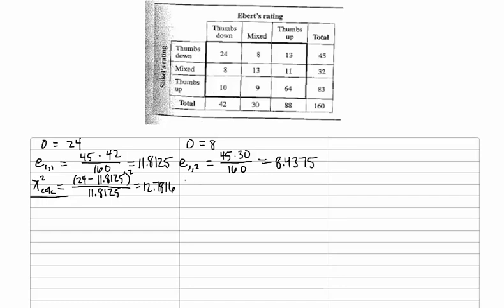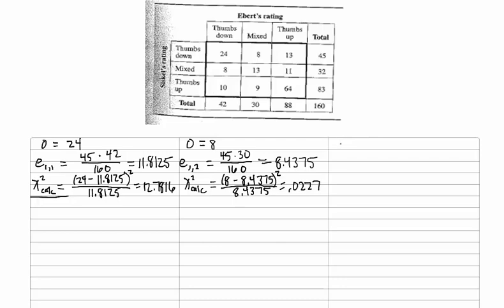And our chi-squared calc for the cell is equal to observed, which is 8, minus 8.4375 squared divided by 8.4375, and this is equal to 0.0227.